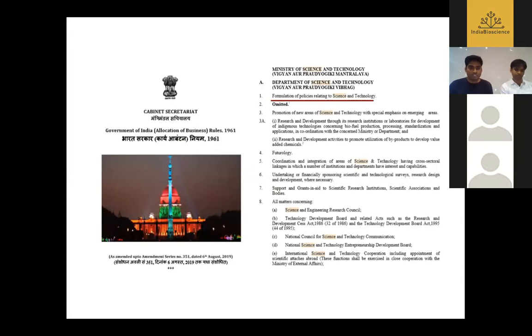The Allocation of Business Rules, 1961, with the most recent update in August 2019, is a Government of India rule which states that the Ministry of Science and Technology and the primary body within it, the Department of Science and Technology, DST, has as its foremost mandate the formulation of policies related to science and technology. So this is the single point document which gives DST the mandate to be the nodal agency to draft and initiate activities related to STI policy. And in addition to that, there are other activities that DST draws its mandate from this particular document.